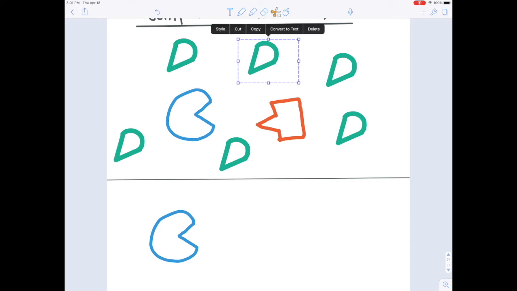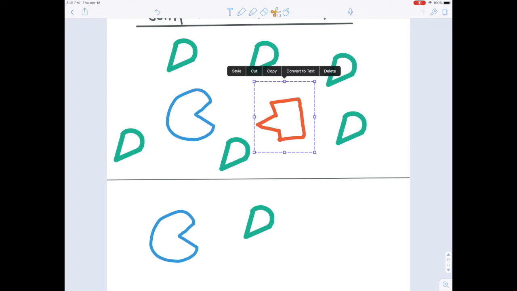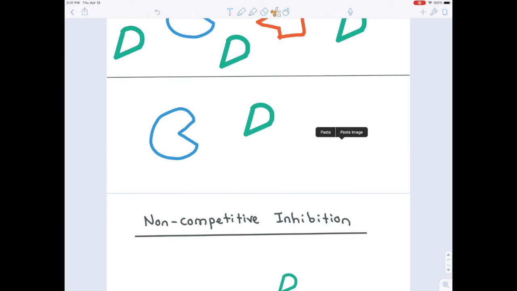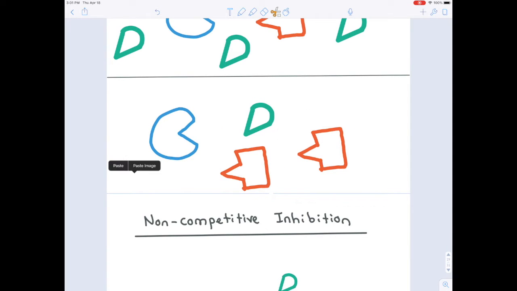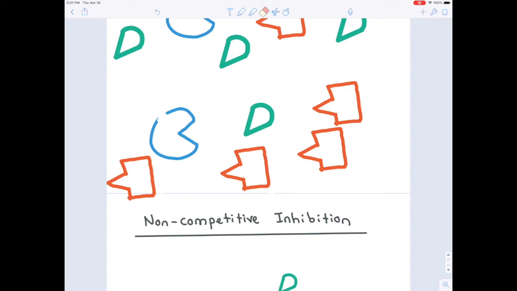On the other hand, if you have more of the inhibitor, then the inhibitor is more likely to get there first, and you would make the reaction slow down.